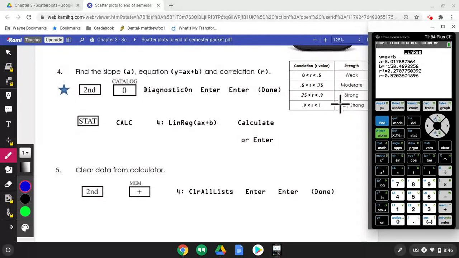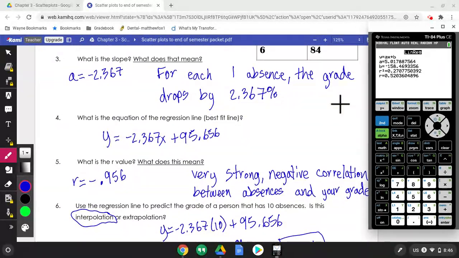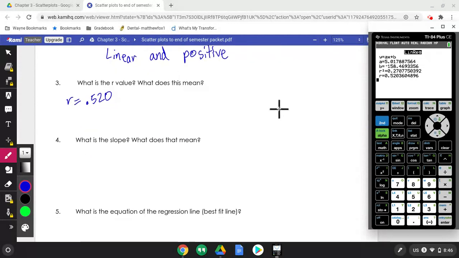So it is moderate. If we write this in, what does this mean?